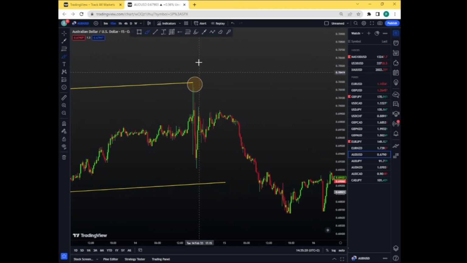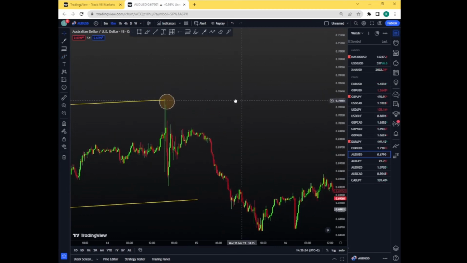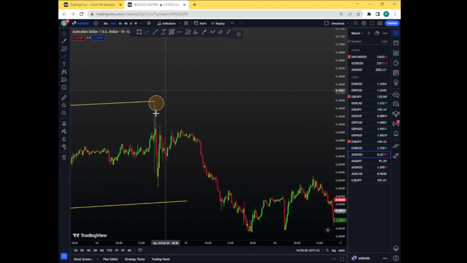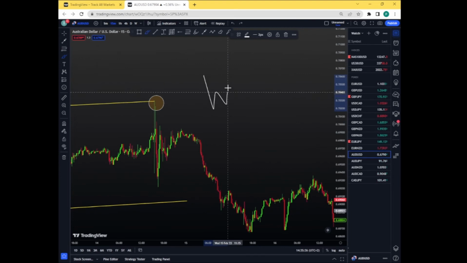So how are we going to look for our continuation on a 15 minute? After price tests the third touch on the 15 minute, what we have to do is look for a continuation pattern.